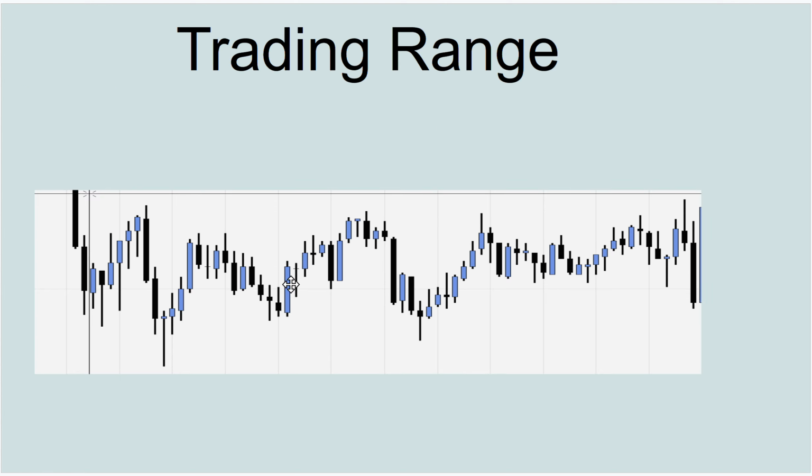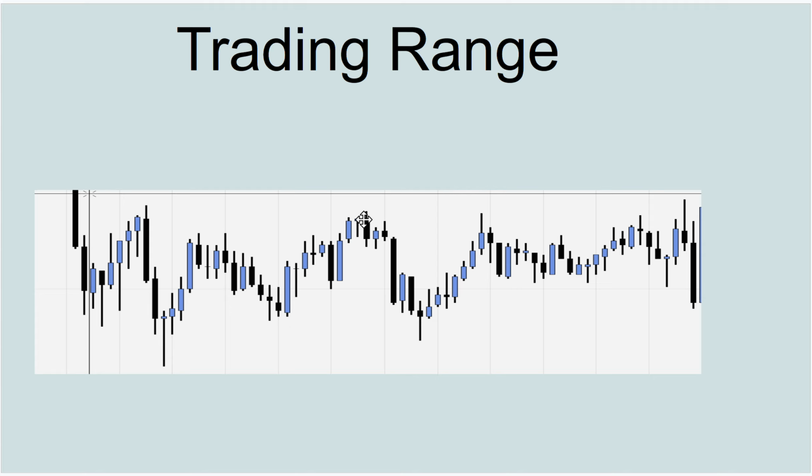So this is how the trading range looks. Easily you can see the price came down here, price went up, came down again, went up, down again, up. So this is a trading range.